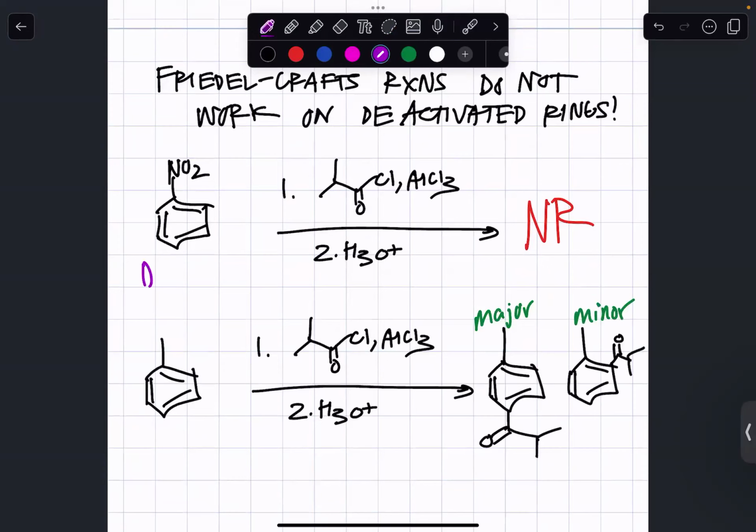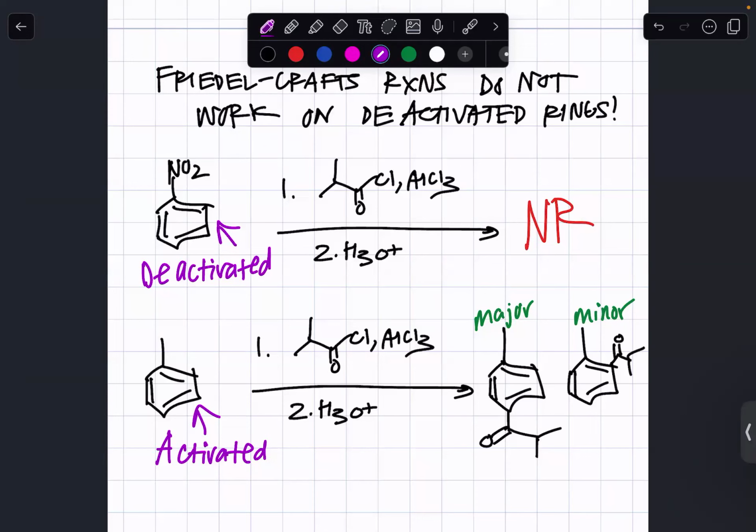Because this is considered a deactivated ring, and this is considered an activated ring, like that.